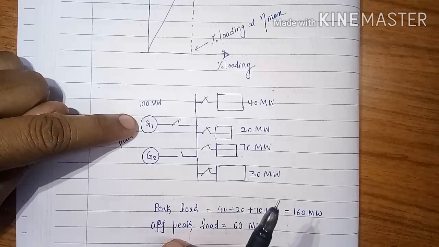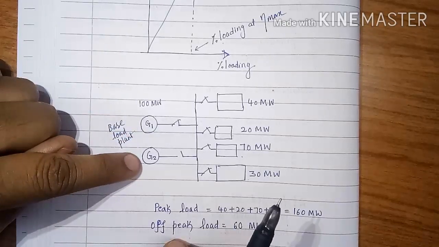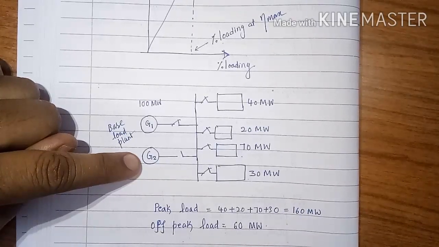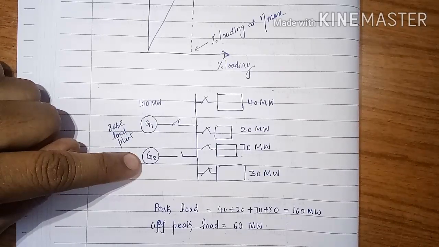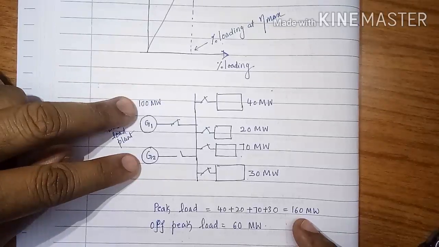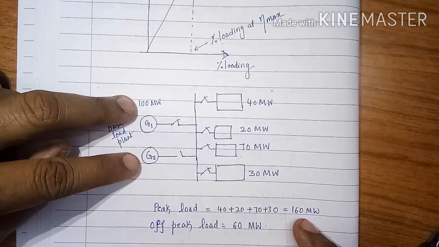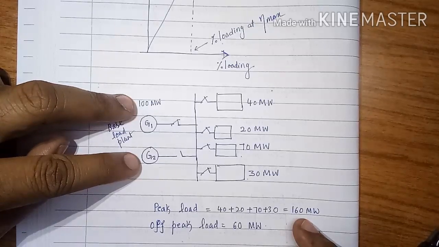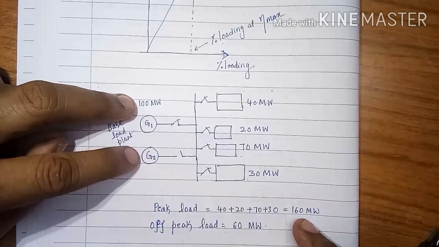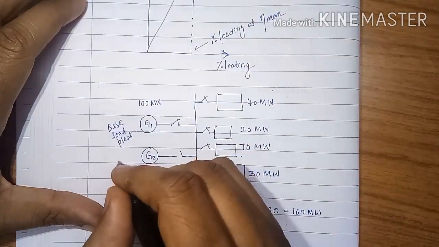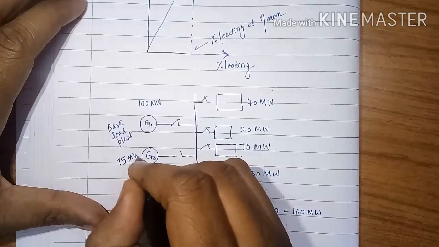So at that time, we will make use of generator 2. Then what is the rating of generator 2? That can be now calculated as 160 minus 100 megawatt, that will become 60 megawatt. If 60 megawatt generator is not available, then we have to go for higher than that. Say that is of 75 megawatt.